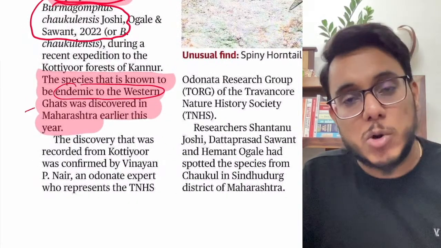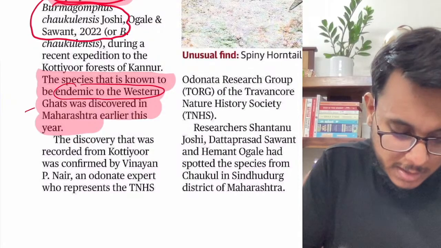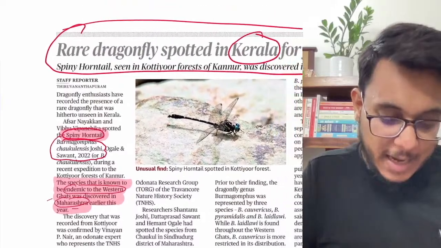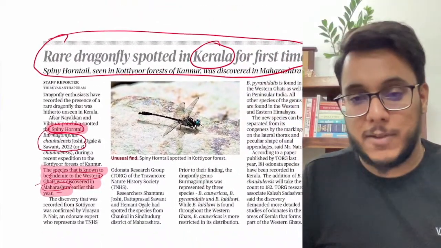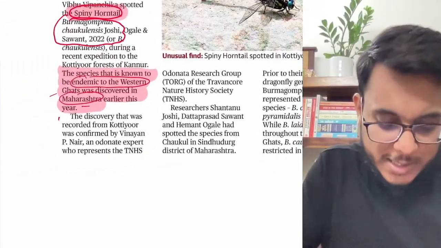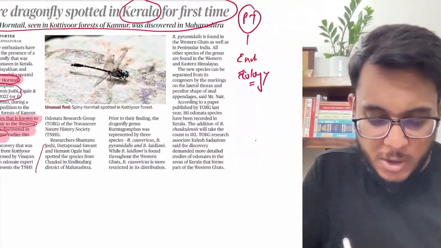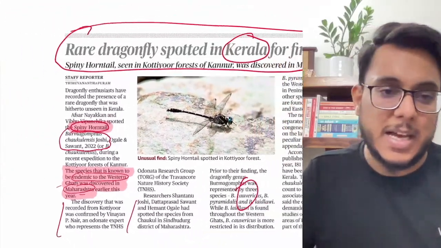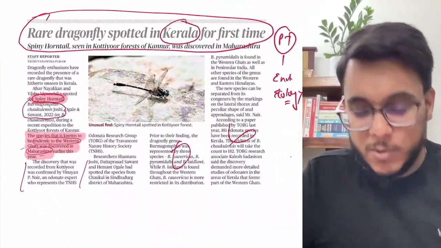It is found throughout the Western Ghats. Last it was discovered in Maharashtra this year. Now it is spotted in Kerala. So it is a very rare species. Then, who discovered it, who confirmed it, all such things are not important. Just this one-liner concept is there, which you can remember if you want.